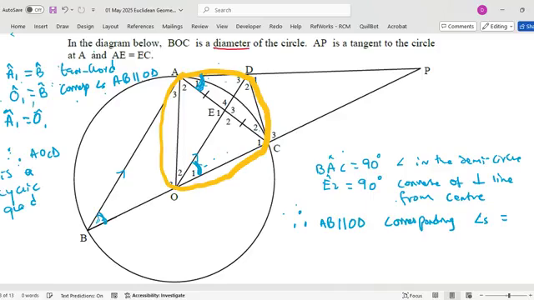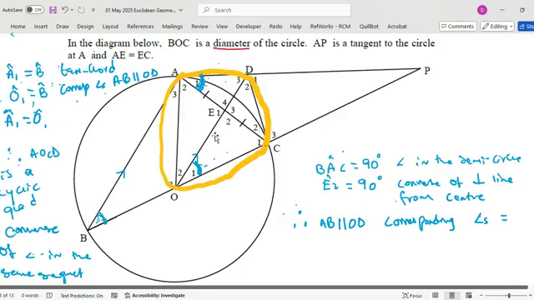And why do you say it's a cyclic quadrilateral? That is the converse of angles in the same segment. Converse of the angles in the same segment.